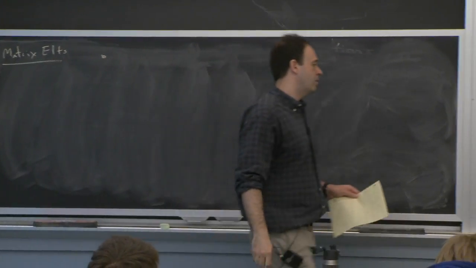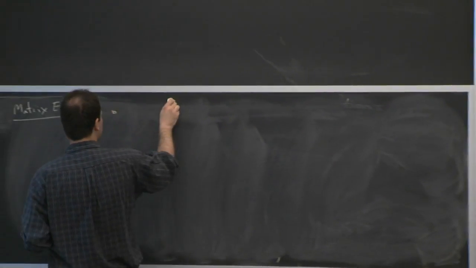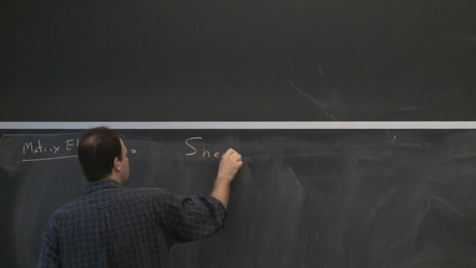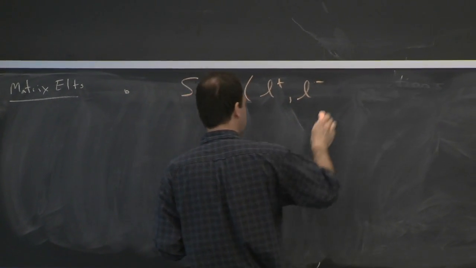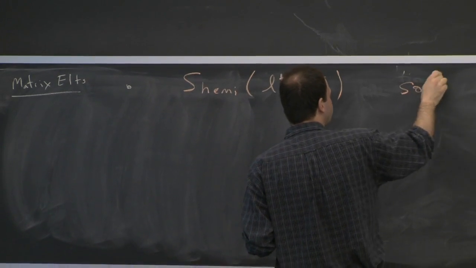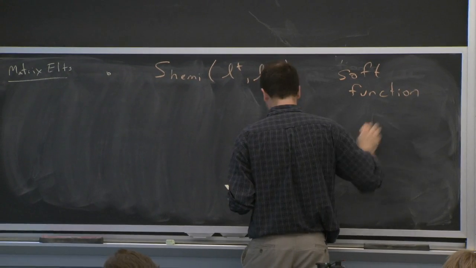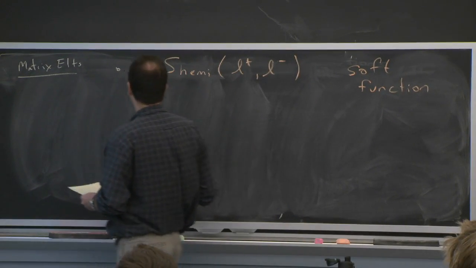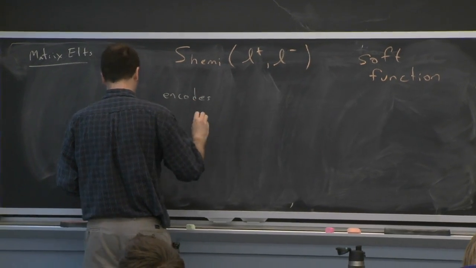So that, keeping the color the same, is just some function of l plus and l minus. And it's called the soft function. And at this stage of the game, it's actually encoding two different momentum scales.